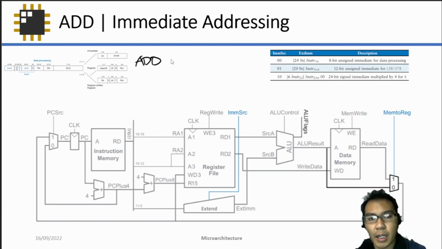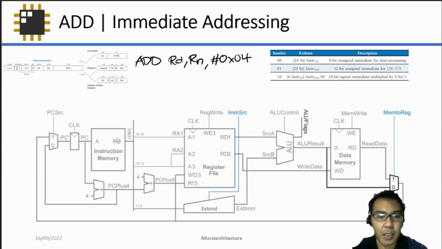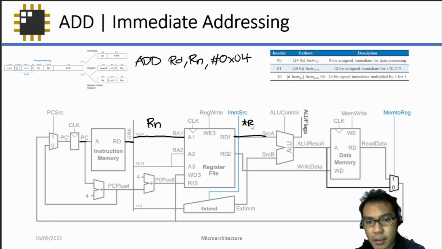Say for example, add destination register, Rn, and then 0x04. So what happens? First, we fetch the instruction, and then this first one is 19 to 16. That's Rn. So the data pointed to by Rn comes out this end, and we're going to add that to an immediate, which is 0x04. That's what we want to do in add.